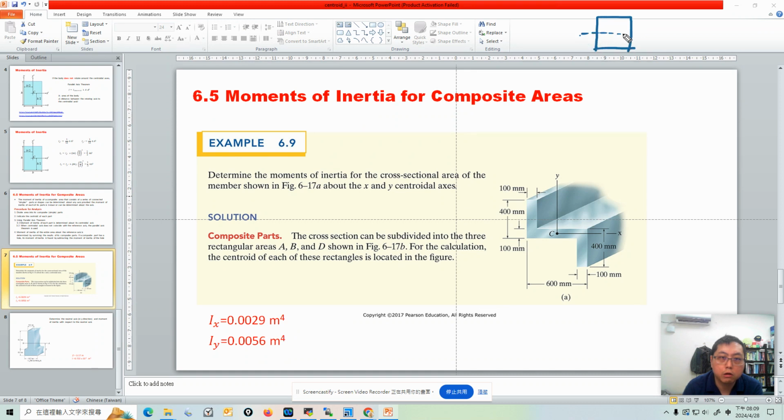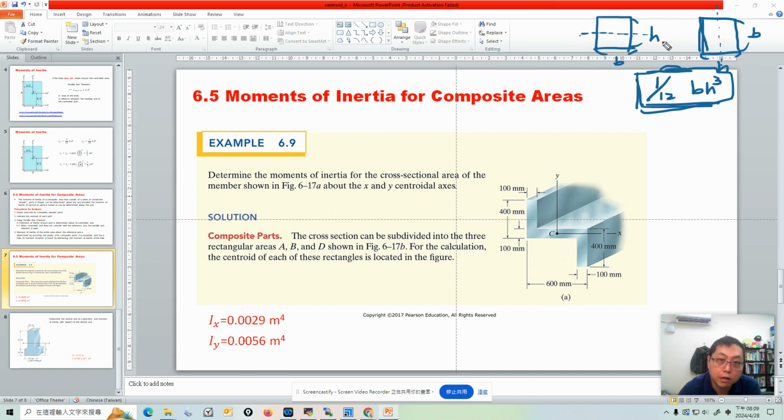If you rotate about this axis, this is your B and this is your H, so it's 1/12 B H cubed. If you rotate about this other axis, this is your B and this is your H, so it's different. It all depends on the real rotational axis.